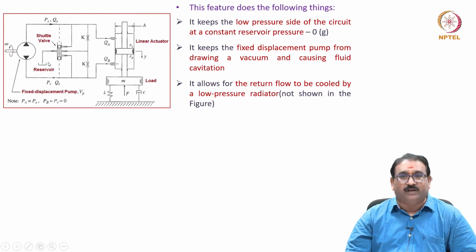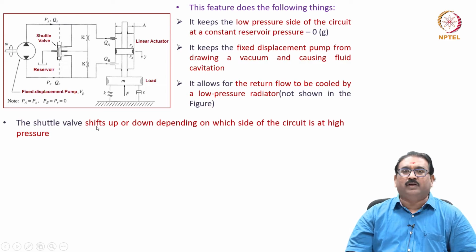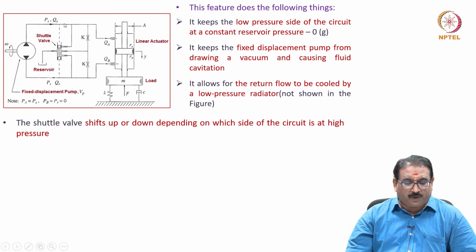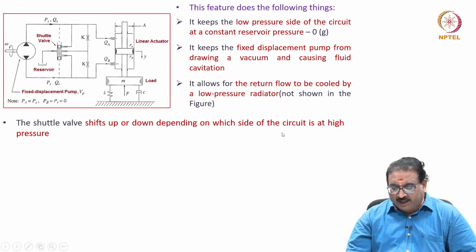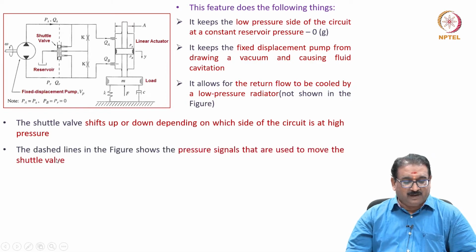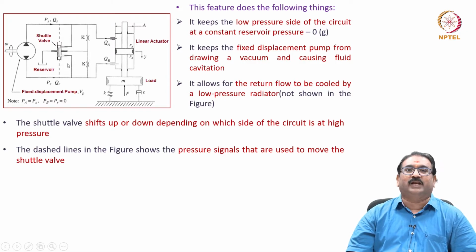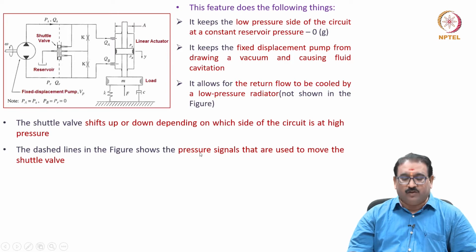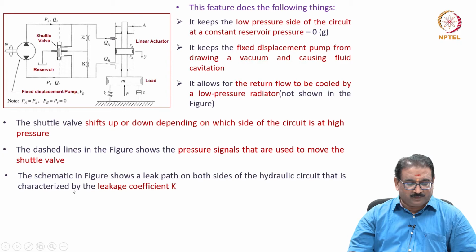Radiators are not shown here. The shuttle valve shifts up or down depending on which side of the circuit is at the high pressure. That is why the dashed lines are there. Which side you move the shuttle valve to matters based on the pressure on either side. The dashed lines in the figure show the pressure signals that are used to move the shuttle valve.